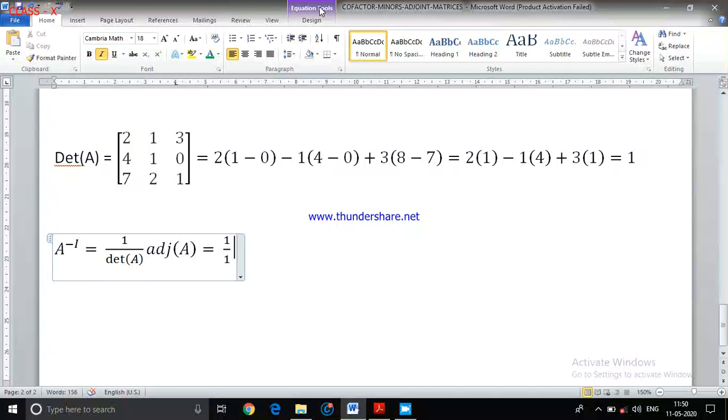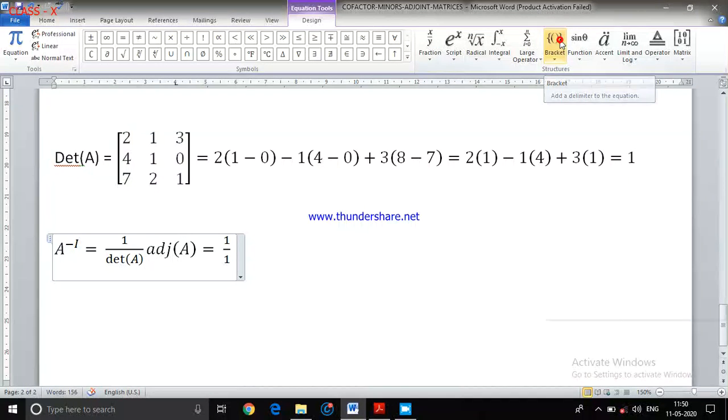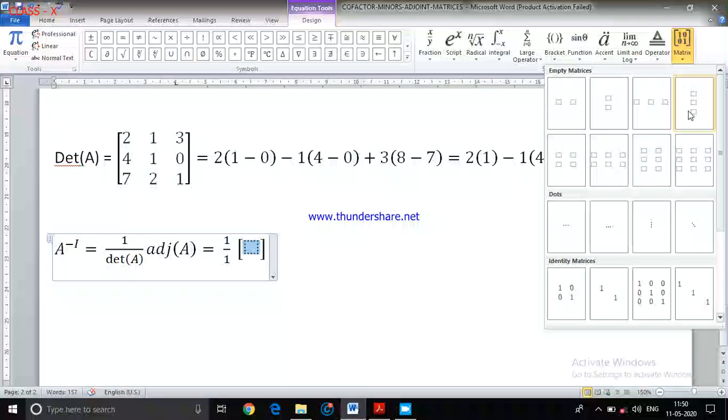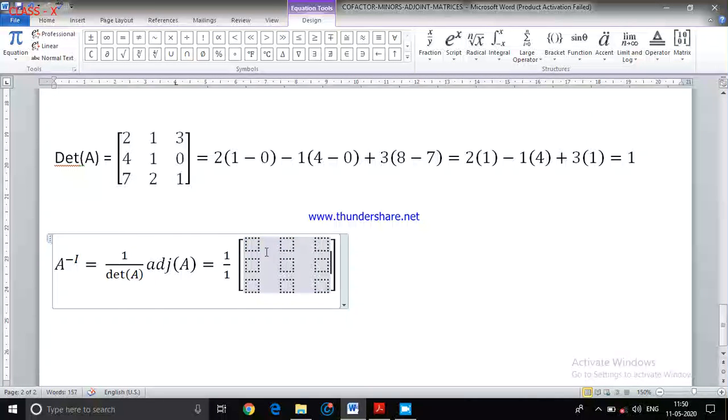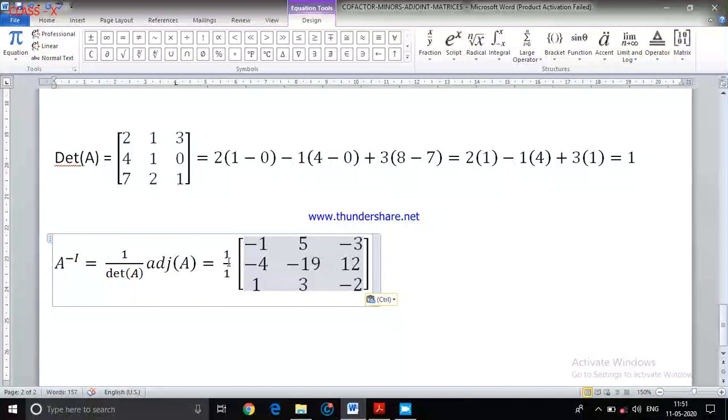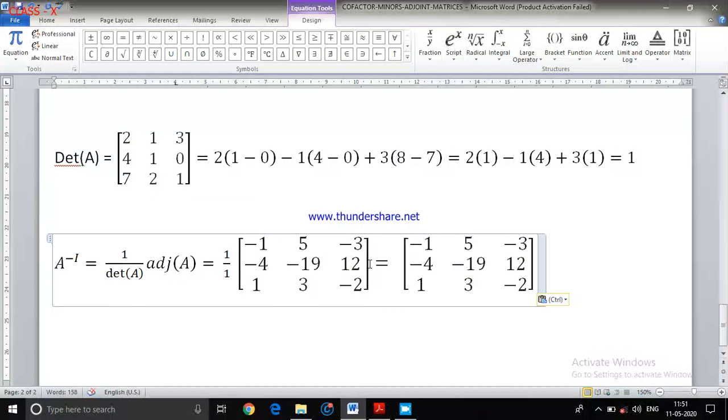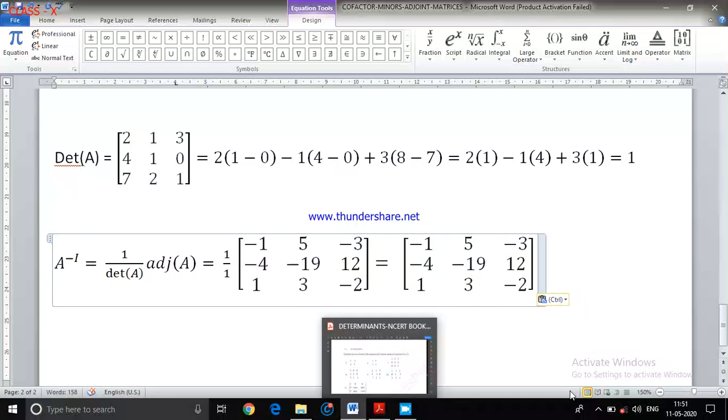This should not be the bracket, this has to be the matrix. That's it. So this is the inverse of the given matrix.